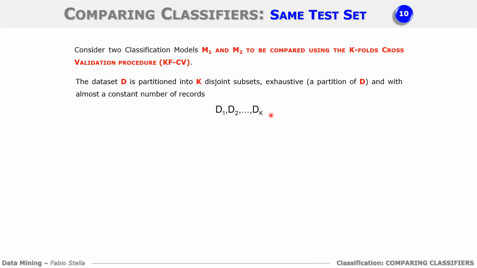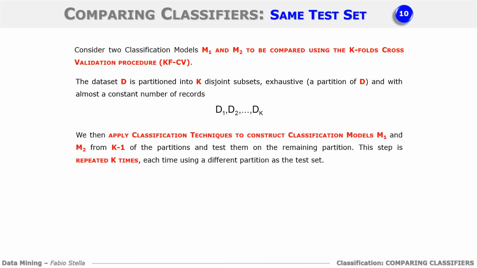We recall that we usually let D1, D2 up to capital DK represent a partition of the available dataset. We then apply classification techniques to construct classification models M1 and M2 from K-1 of the partitions and test them on the remaining partition.